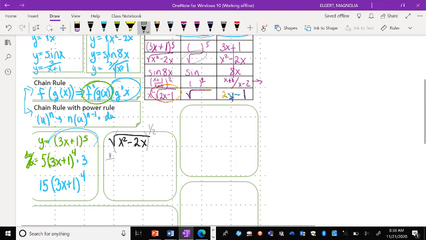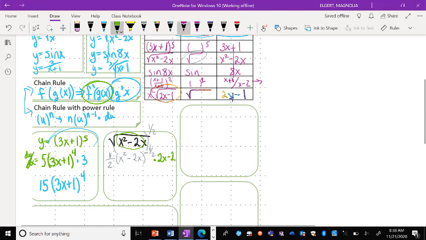So I have 1/2 times the inside, and I still do my power rule. So 1/2 minus 1 is negative 1/2, multiplied by the inside. I need the derivative of the inside, so the derivative of that would be 2x minus 2.